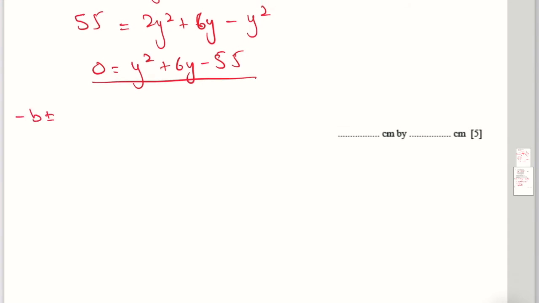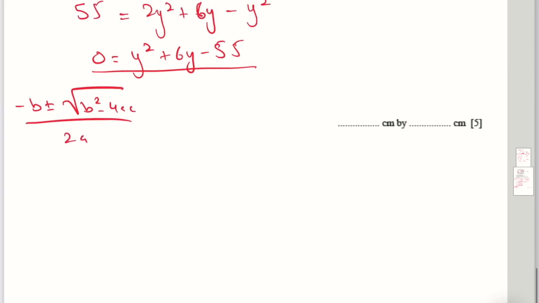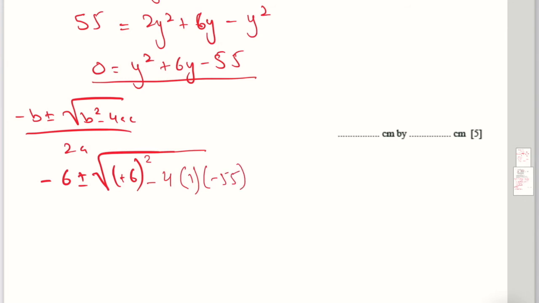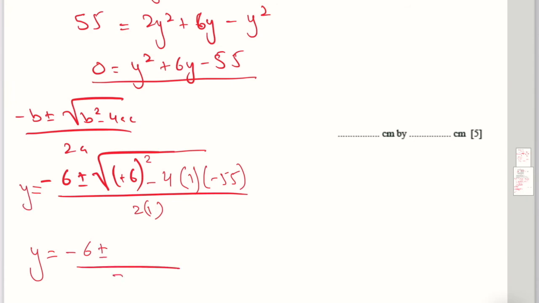It's minus b plus minus under root b squared minus 4ac over 2a. Let's use this. b is 6, so you write negative 6 plus minus under root b squared, which is positive 6 squared, minus 4 times 1 times negative 55, over 2 times 1. Let's solve this. So y is equal to negative 6 plus minus, there's a 2 at the bottom.